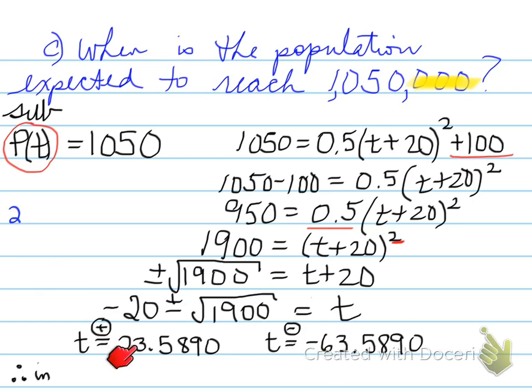Now we have to figure out what year it is, because remember, this is how many years since 2000. So we have 23.5889. Just a reminder of the rounding. A lot of people have some difficulty with the rounding, so we're going to give you a little reminder. These are the numbers you get in a calculator, and you automatically round to 4 decimal places unless it otherwise says. So we go to the 5th number and we see that's an 8. 8 means the next number moves up, so the 9 becomes a 10.